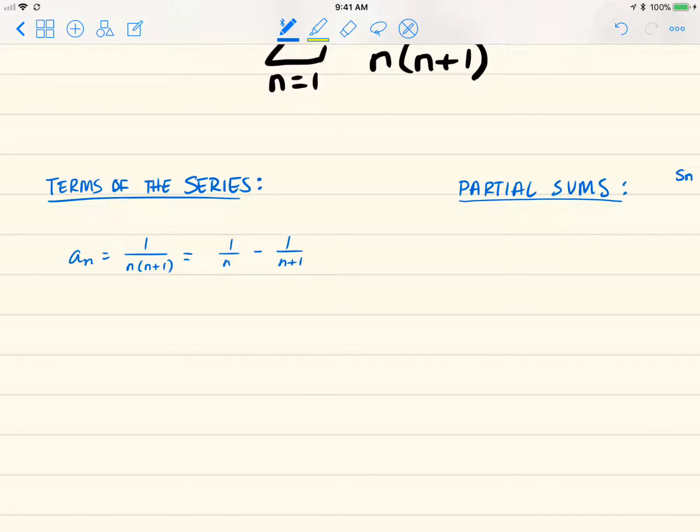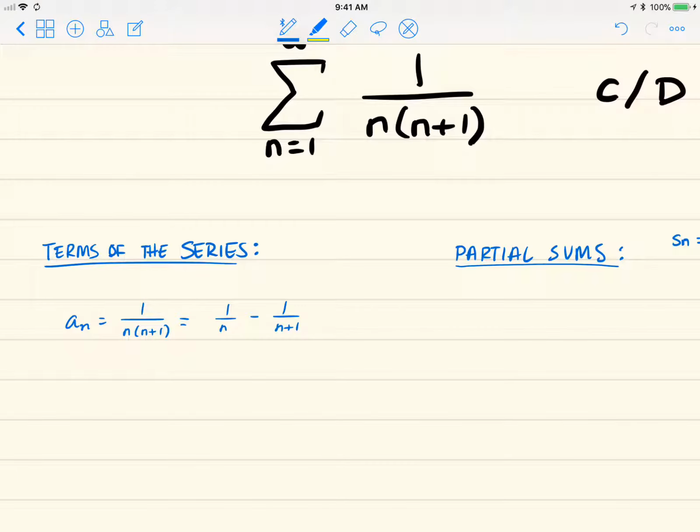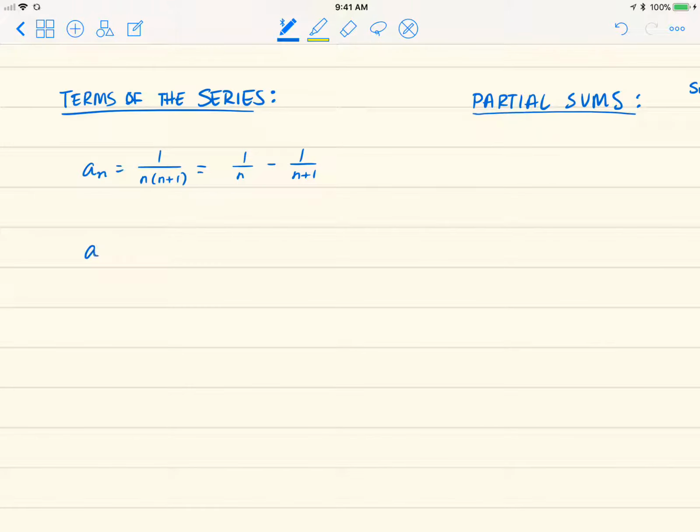So let's go ahead and start. Now, we're told down here that n starts at 1. So we'll start off a1 is going to be 1 over 1 minus 1 over 2. It is helpful to use the decomposition as opposed to the original formulation for a sub n.